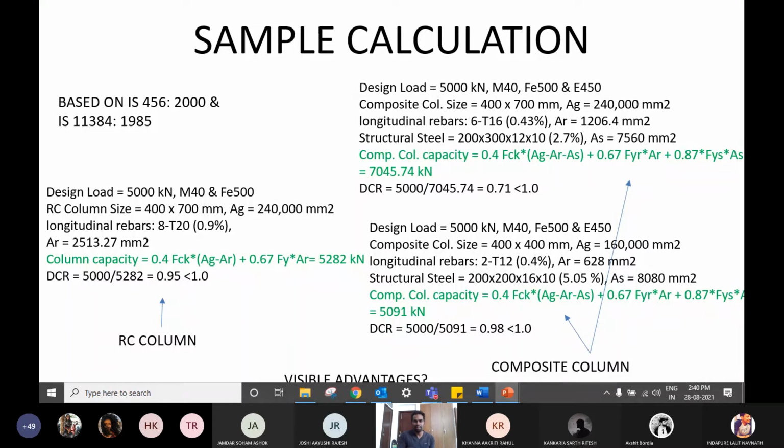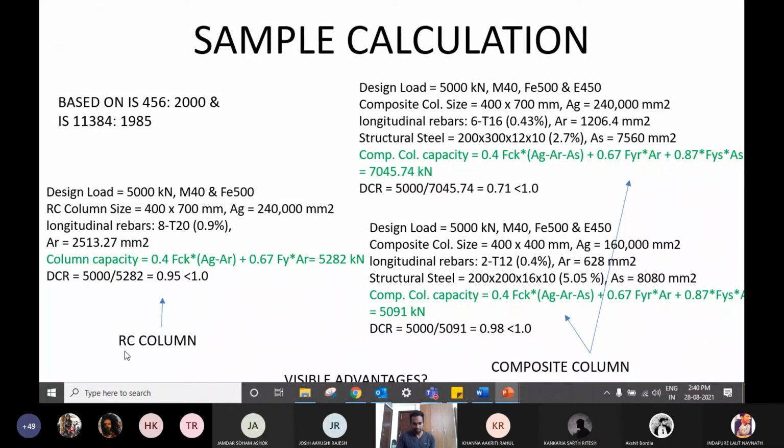So we have designed something which can take up to 5,282 kilonewton, not only 5,000 kilonewton. That's what we need to design. Your design should be around this range. It should be optimum. You cannot design for something like 10,000 kilonewton because that's only 50% economical, right?